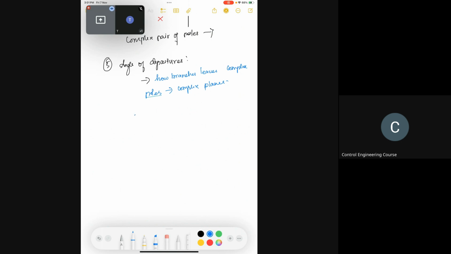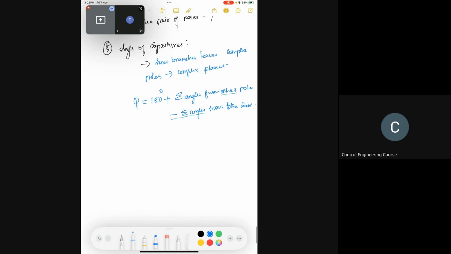The angle of departure is found using this formula: 180 degrees plus the summation of angles from other poles minus the summation of angles from zeros. This will help us determine that.